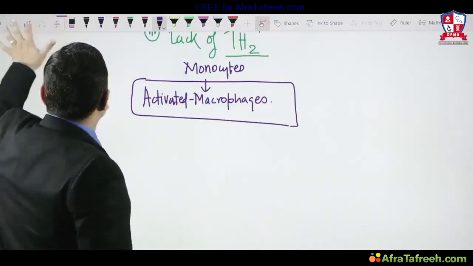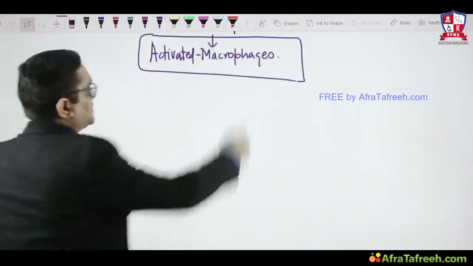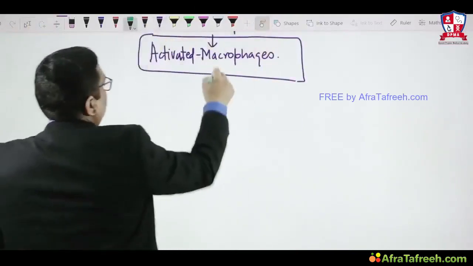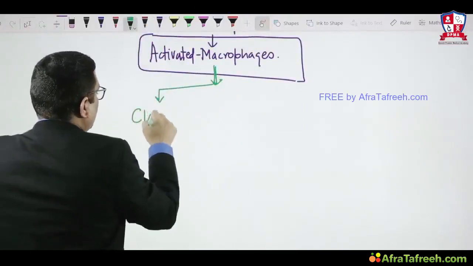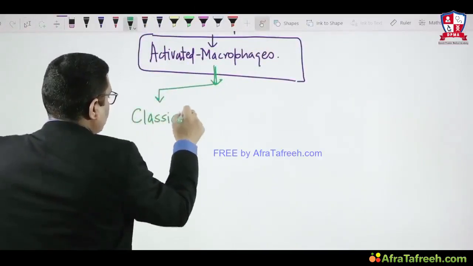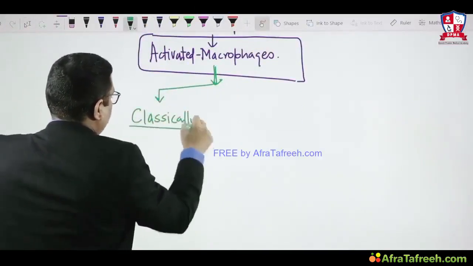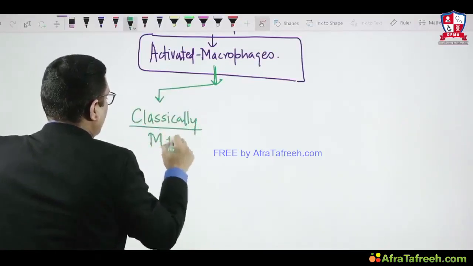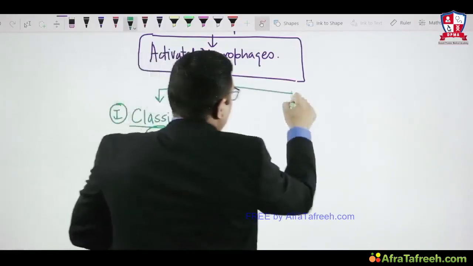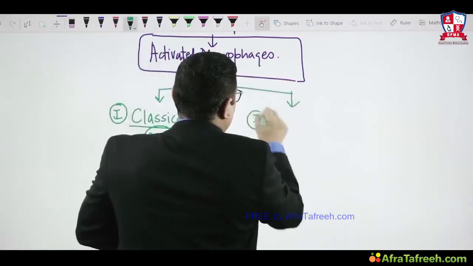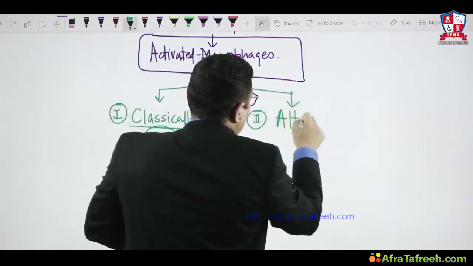Classically activated macrophages are also known as M1, and the second is alternatively activated macrophages.